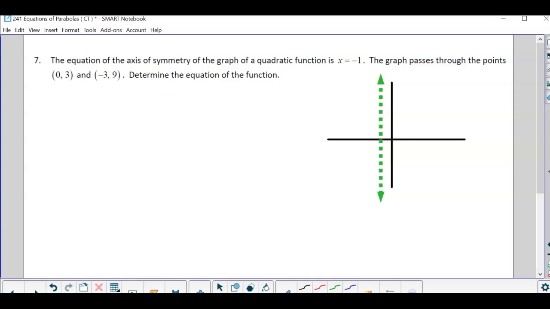The graph passes through the points (0, 3) and (-3, 9). Okay.